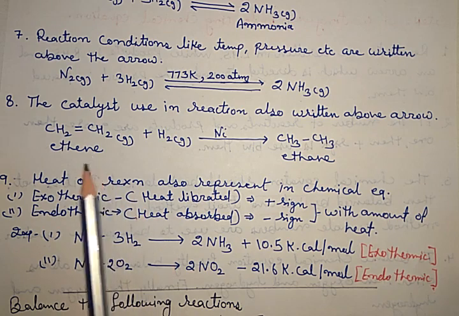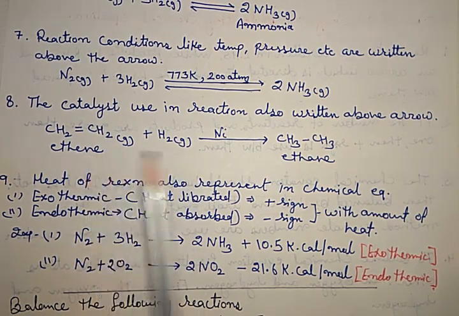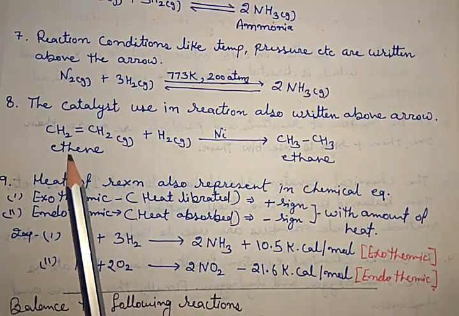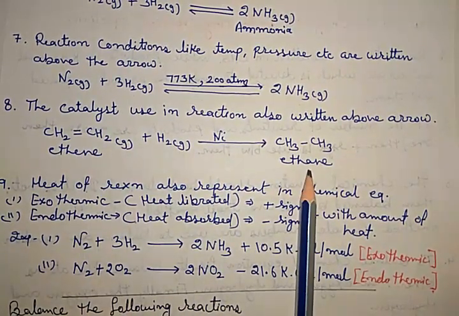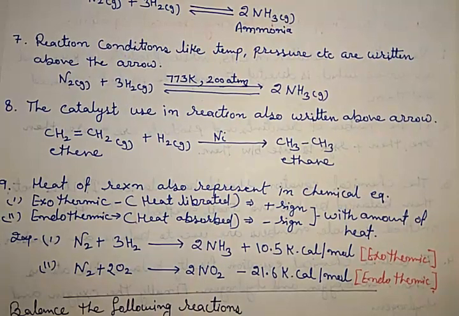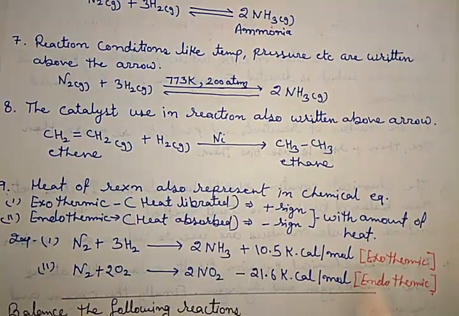For example, in the hydrogenation of ethene to ethane, that is ethene gas, that is ethane, a nickel catalyst is necessary. So this catalyst is written on the arrow.